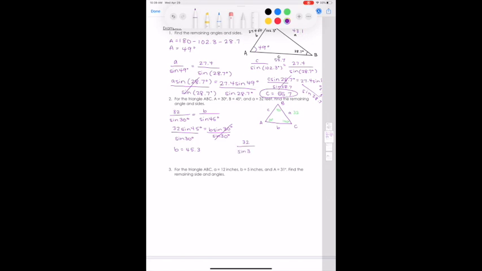So I went ahead and used a over sine A again, and then c over sine of C, which is 105 degrees, which we found again by subtracting A and B from 180 degrees. Cross multiply, so 32 sine of 105 equals c times sine 30. Divide by sine 30 on both sides. Plug all that into your calculator and you will end up with the side c.